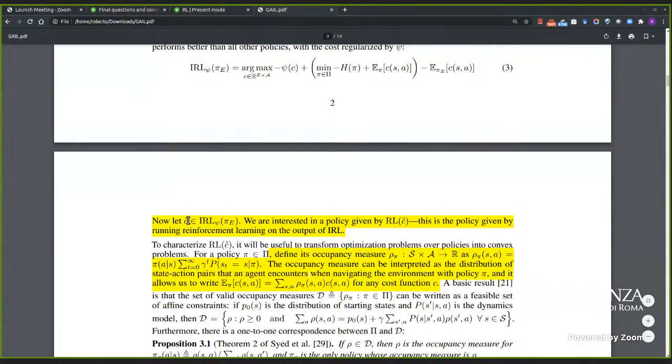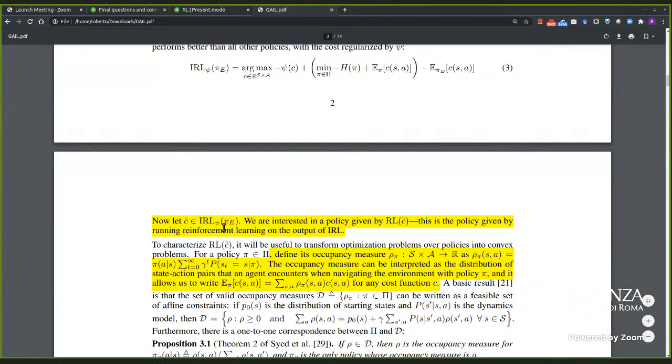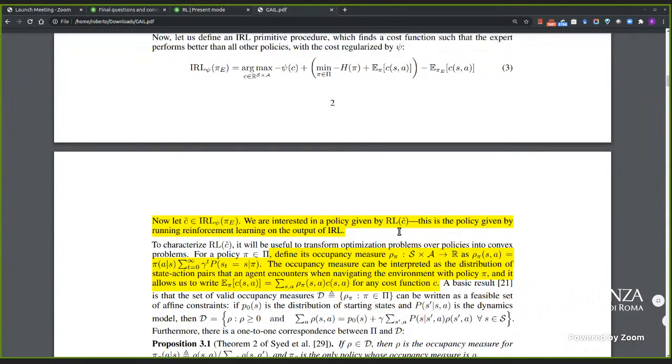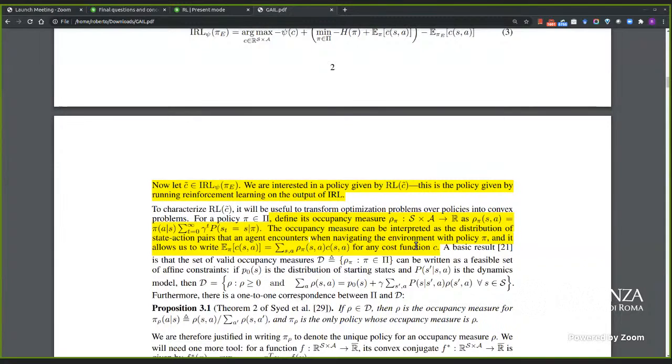Now, let's say that C tilde is the cost function that the inverse reinforcement learning finds from the policies generated by the expert. We're now interested in a policy given by reinforcement learning over this cost function. So this would be the policy that is given by running reinforcement learning on the output of inverse reinforcement learning.